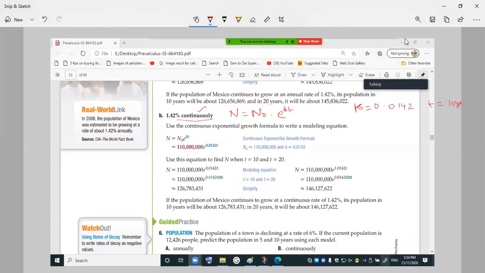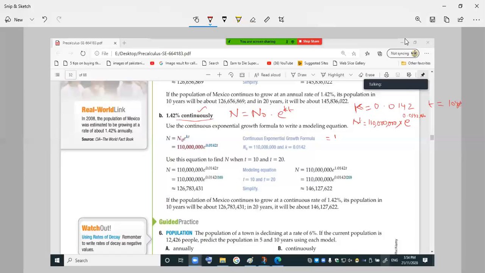So therefore the population after 10 years will be equal to N0, that is 110 million, times e to the power kt. kt is what? 0.0142 times 10.